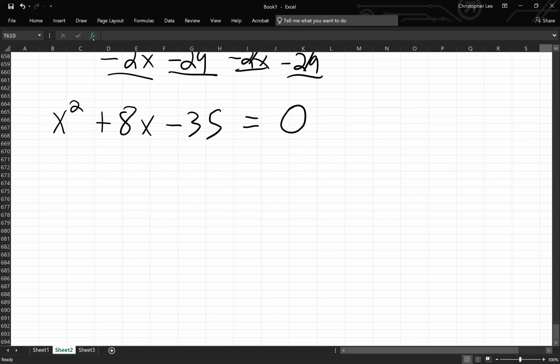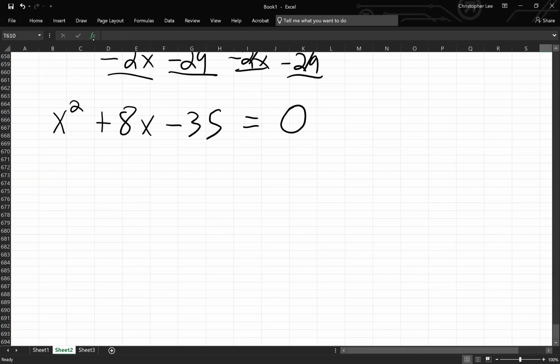It doesn't have to be, but generally speaking, yeah. Give me two numbers that multiply to negative 35 and add up to 8. 5 and 7. It doesn't work? Okay.